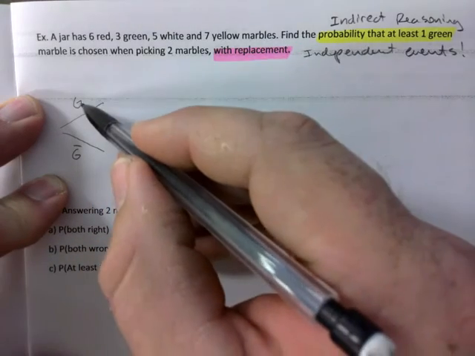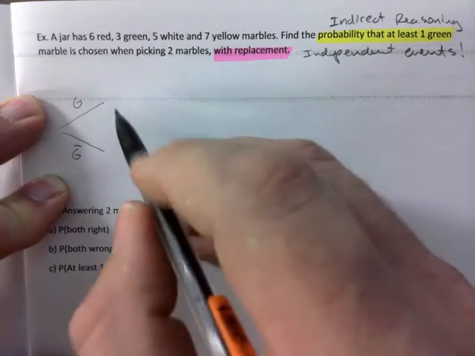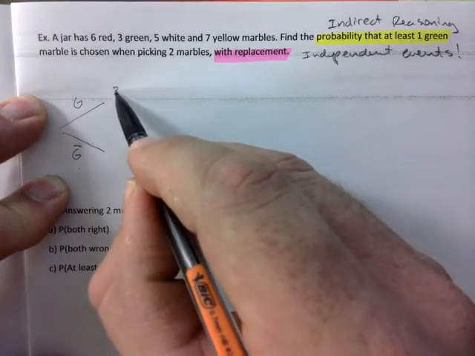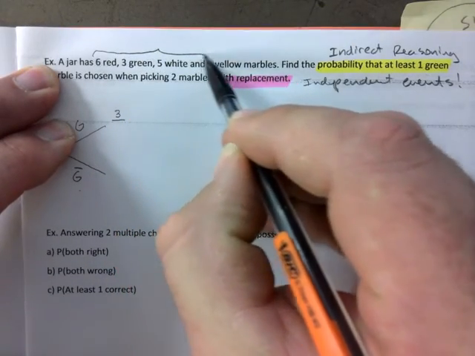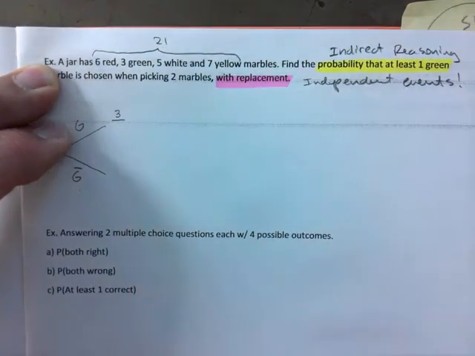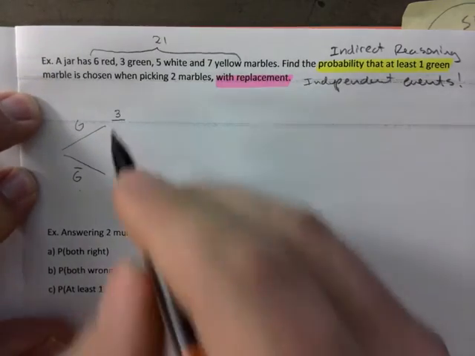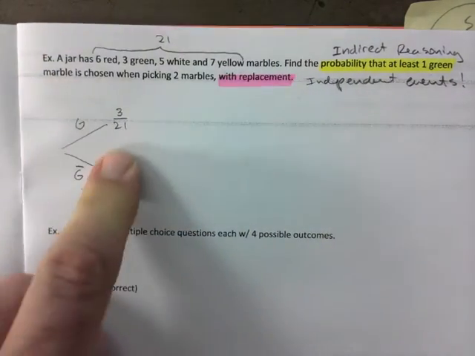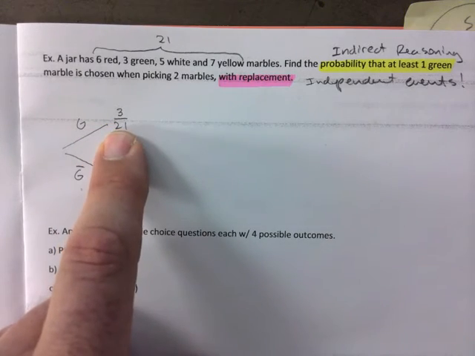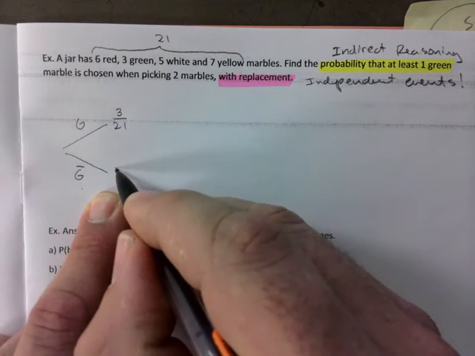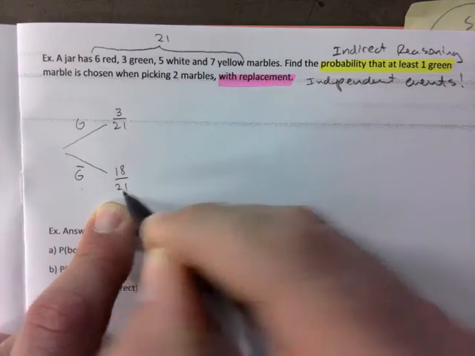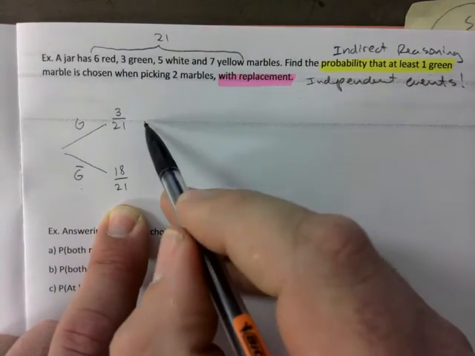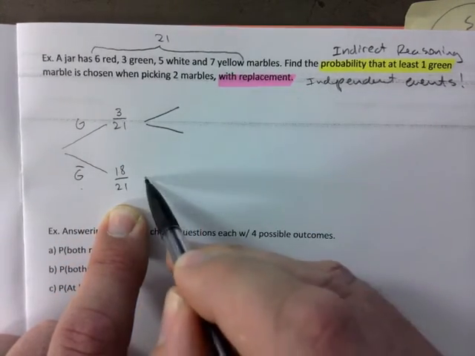No, we're just going to focus on it and not it. So how many greens are there? 3 out of? We need to figure out the out of. Can you please add them all up and make sure that there's 21? Is it 21? Okay, perfect. So the probability of getting a green on the first pick is 3 out of 21. Therefore, how many not greens are there? 21 minus 3 is 18. So we've got that. Then we're going to draw another one.